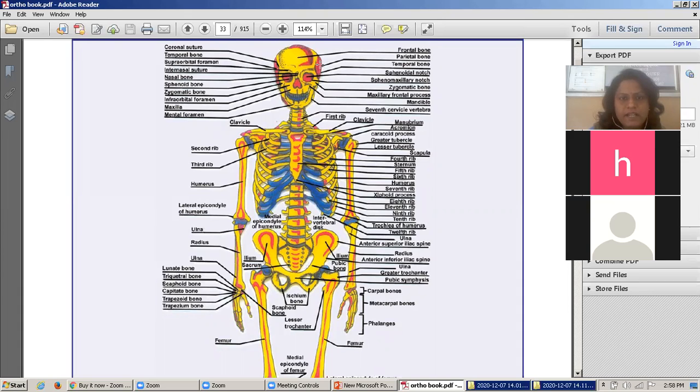Then this one is a parietal bone, and behind that this is a temporal bone. This is the sphenoidal notch, this one is the sphenomaxillary notch, this is the zygomatic bone, then this one is the frontal process of the maxilla. This is the mandible, and this is the seven cervical vertebrae.